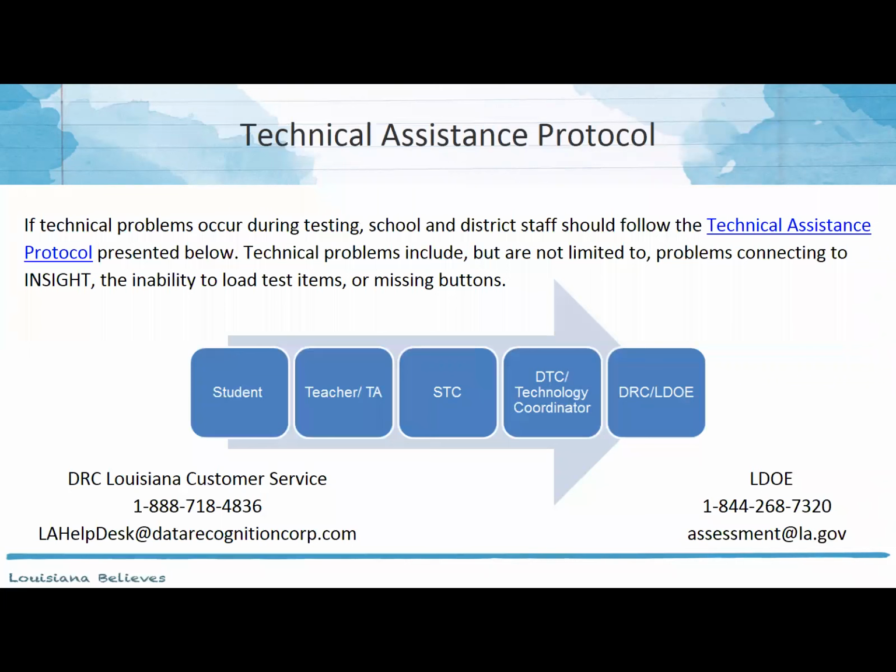And then, if you all are still needing support, then you should reach out to DRC if it is a technical issue. So anything related to technology, using the system. If it's a general assessment question or a situation that you need to talk through, that is when you should call us.